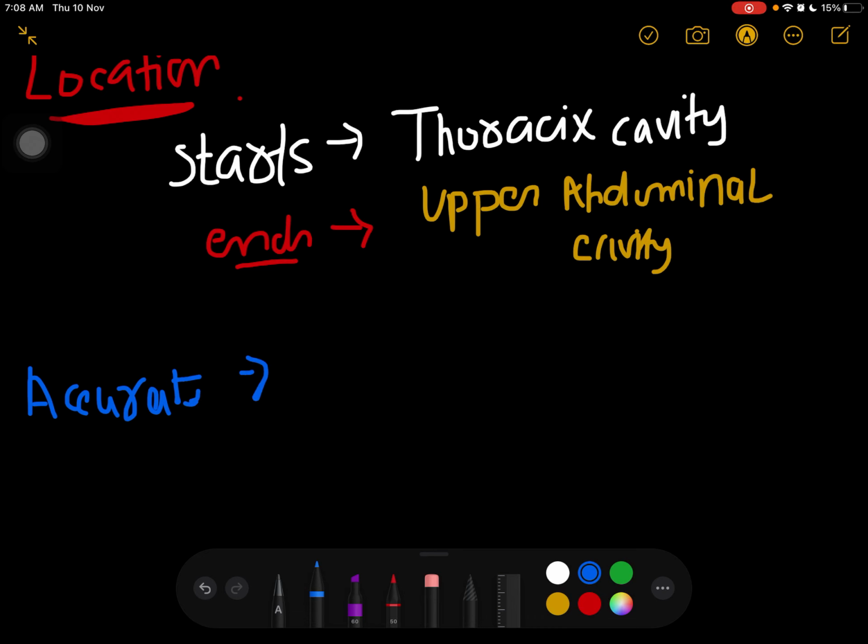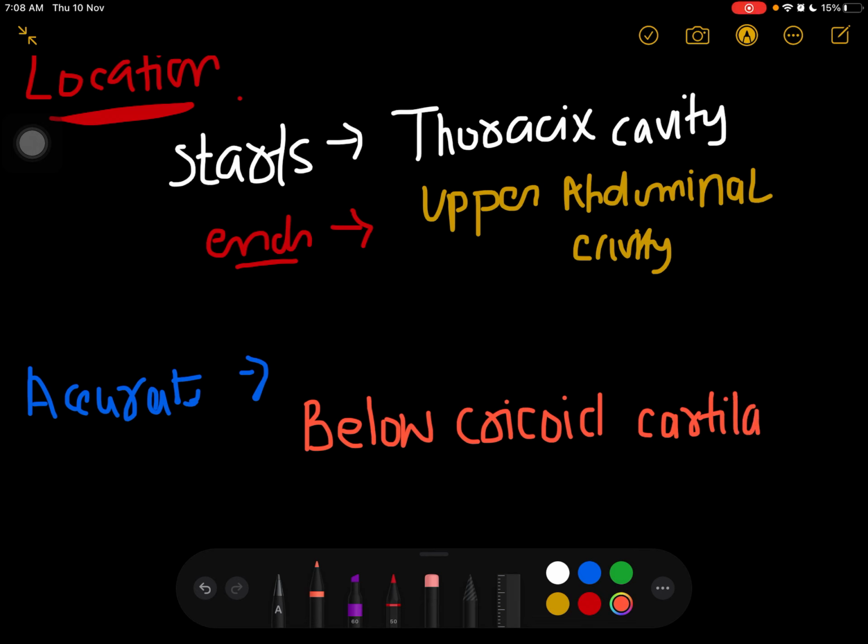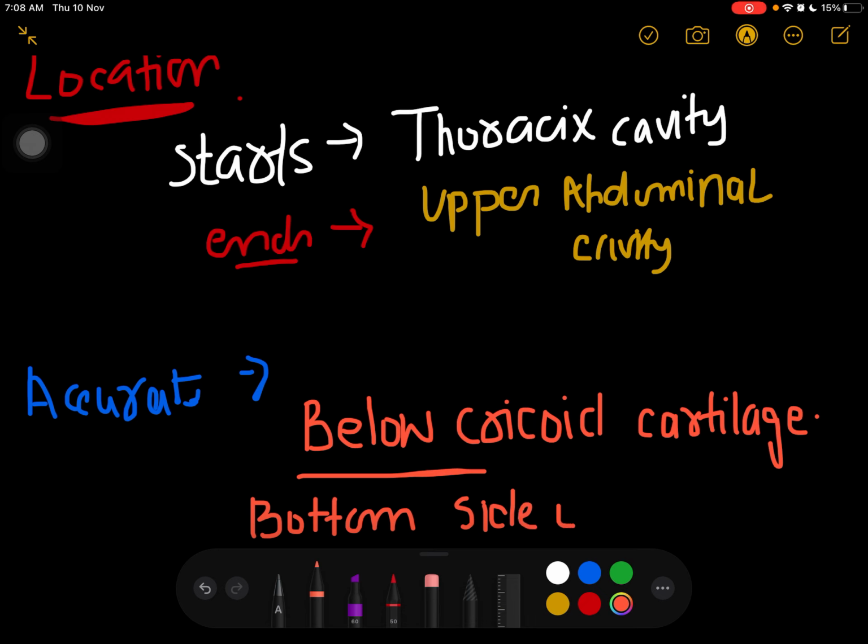we'll say that it starts from below the cricoid cartilage, or you can say from the bottom side of the cricoid cartilage.